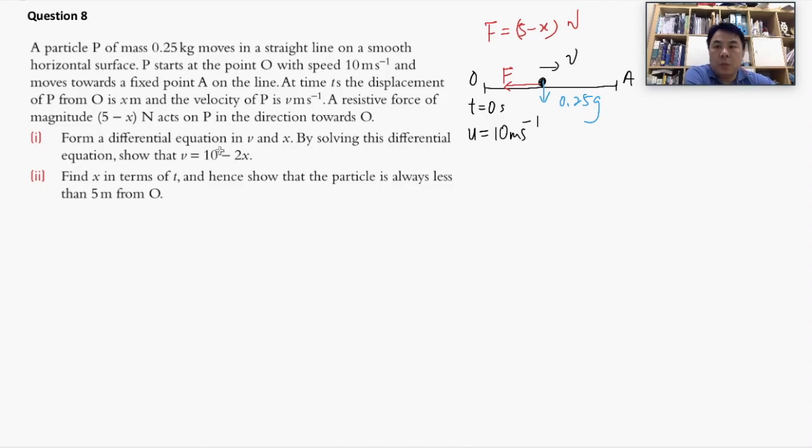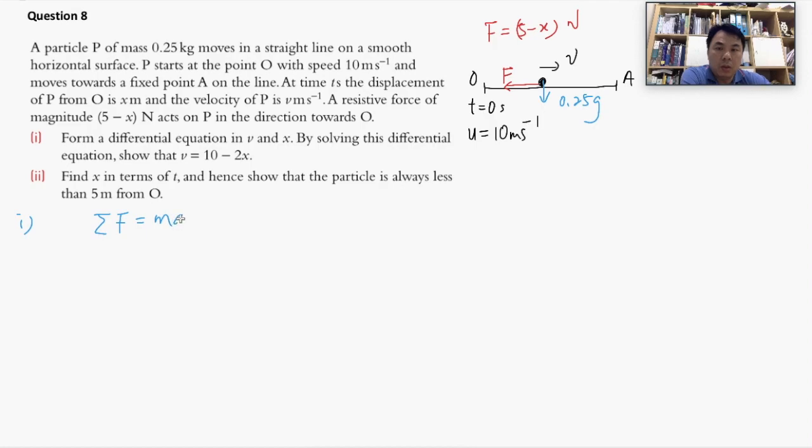All right, now let's work out number 1. Form a differential equation in terms of v and x. Then by solving this differential equation, we need to show that v satisfies this equation. As usual, we will start from Newton's second law.